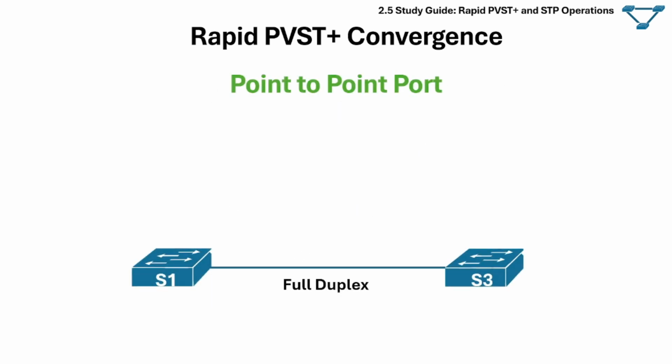First is point-to-point links. It leverages the assumption that links between switches are typically point-to-point or full duplex. This assumption allows for faster convergence because the protocol can rely on direct communication between switches rather than waiting for multiple devices to negotiate on a shared medium.